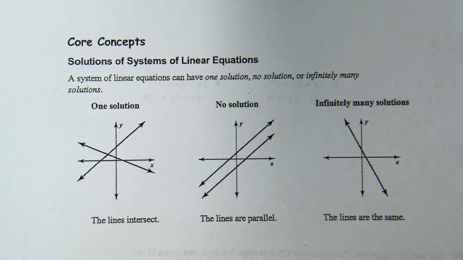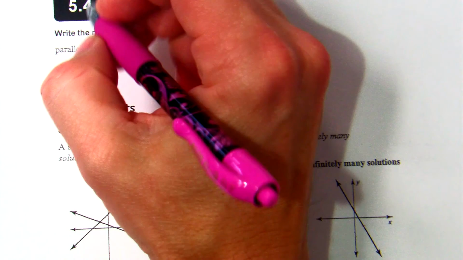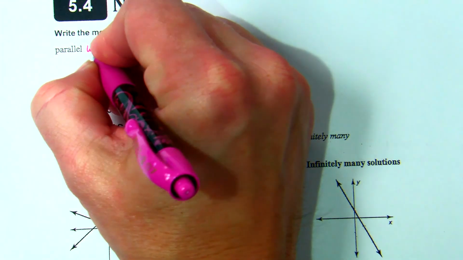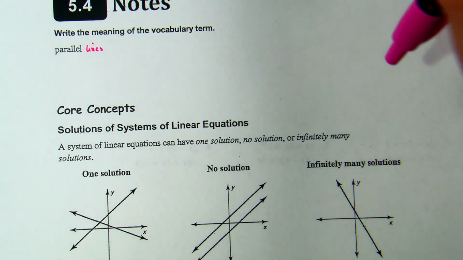All right, so the first vocabulary term that we have here is parallel. In this case, I'm actually going to make this more specific: parallel lines. And when we're dealing with parallel lines, this may not be a formal definition per se, but this is going to be an identification process that we're going to have.